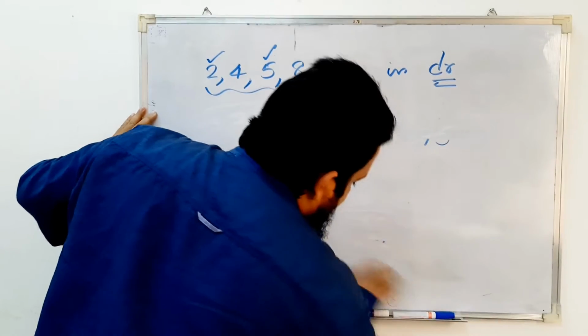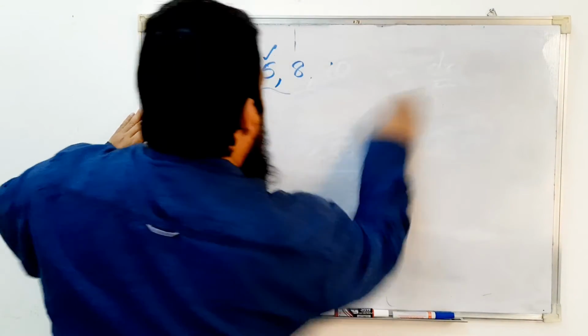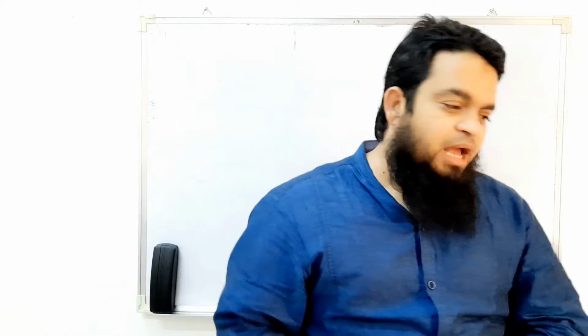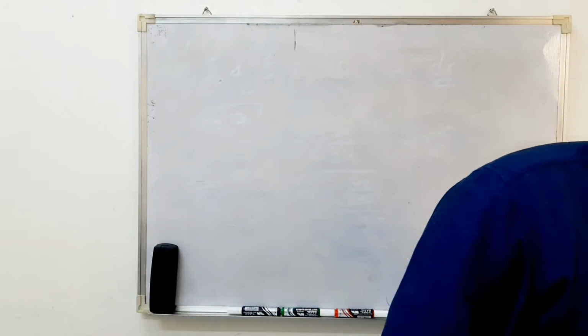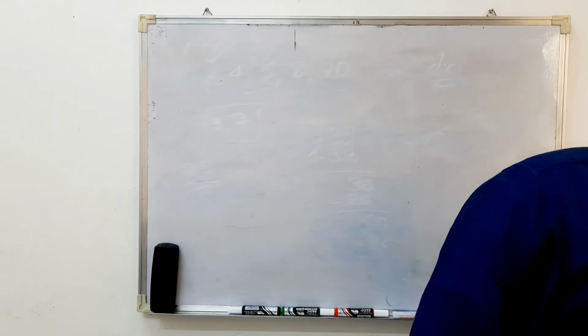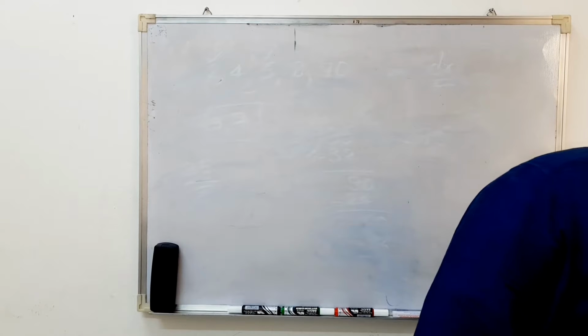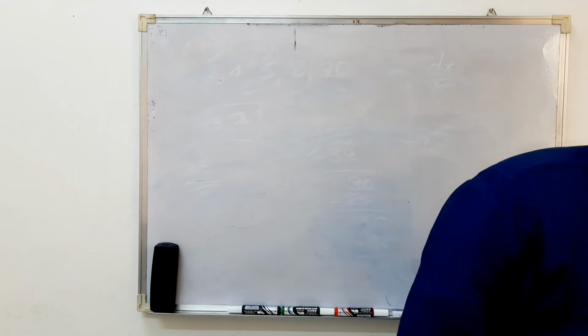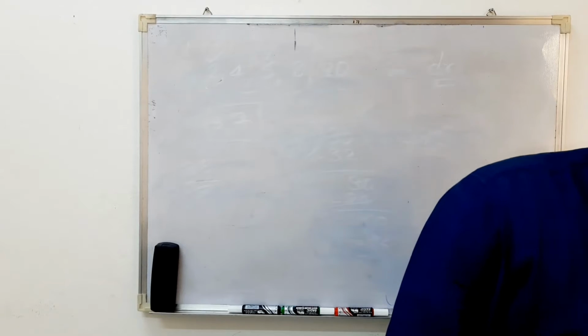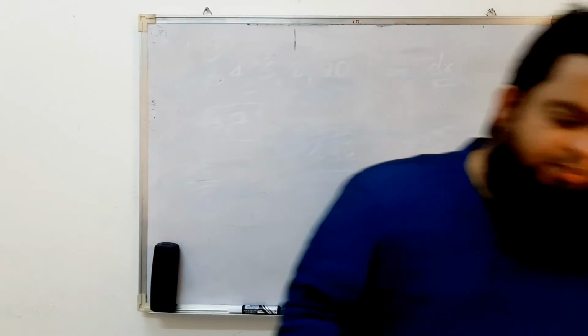Okay, I will read out the problem. Look at several examples of rational numbers in the form p by q, where p and q are integers with no common factors other than 1 and having terminating decimal representations.